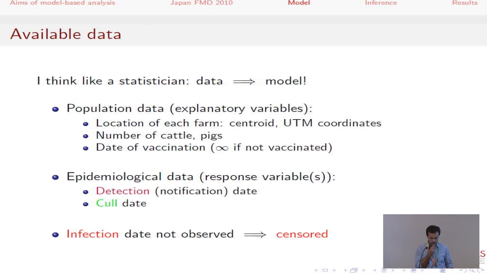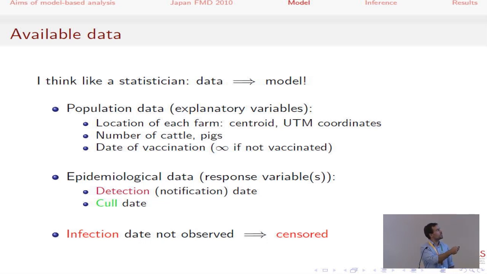Okay. So, I construct models to use the data that I have available. So in this particular case, I was given population data, which I think you can think of as explanatory variables. Okay, if you're going to do a risk factor analysis, you have this idea of explanatory variables and a response variable, right?